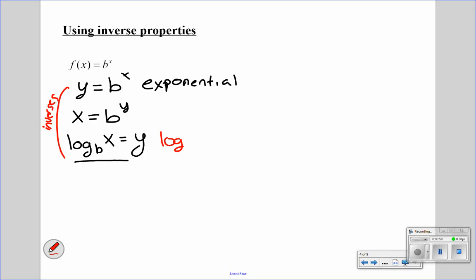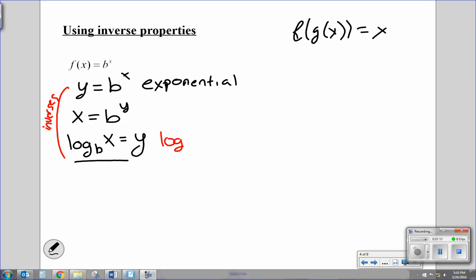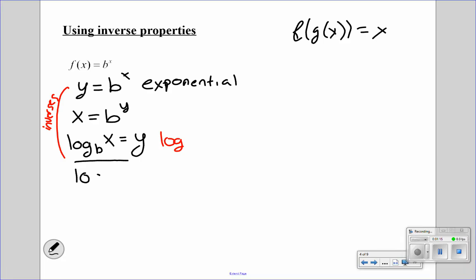Now if two functions are inverses of each other, that means f of g of x is equal to x. So we have f of x as our first function, so we're going to call our second function, our logarithmic function, g of x.